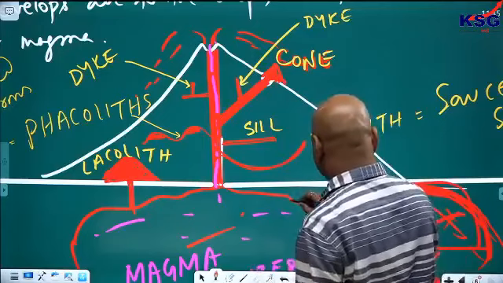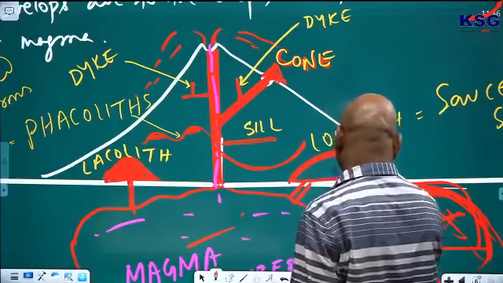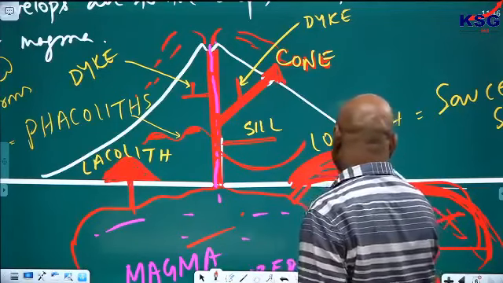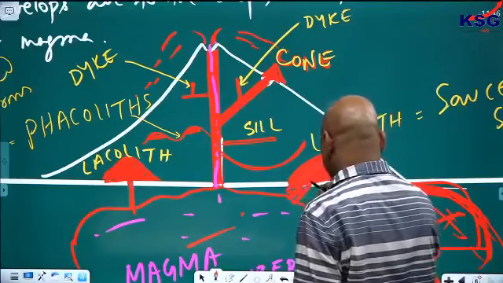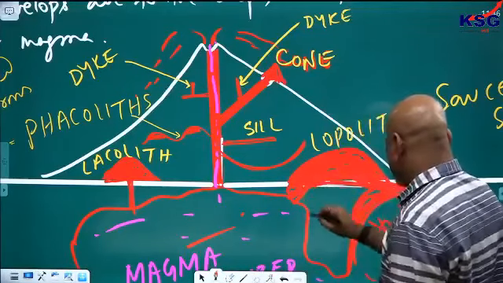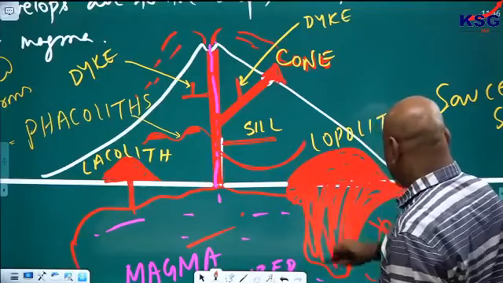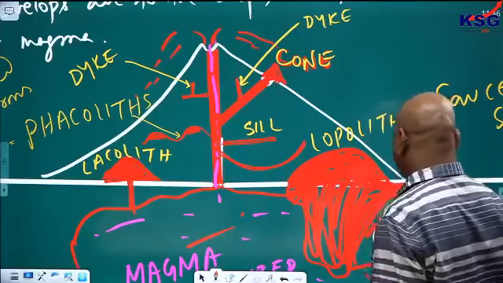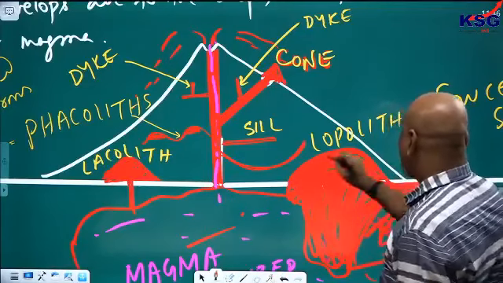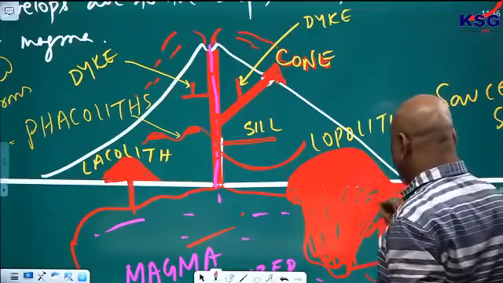और batholith यहाँ पे भी आके एक बड़ा सा बन जाएगा. ये भी batholith हो सकते हैं. A huge depression if it is there, ये भी batholith हो सकते हैं. This can also be batholith.